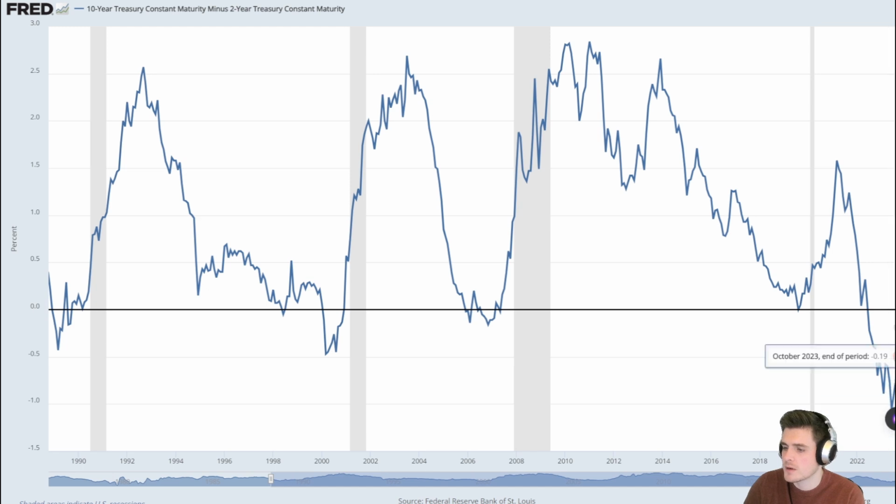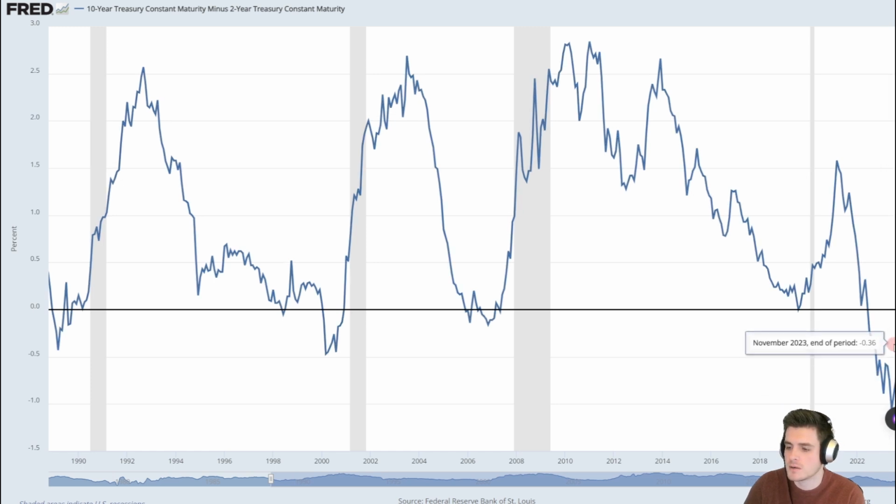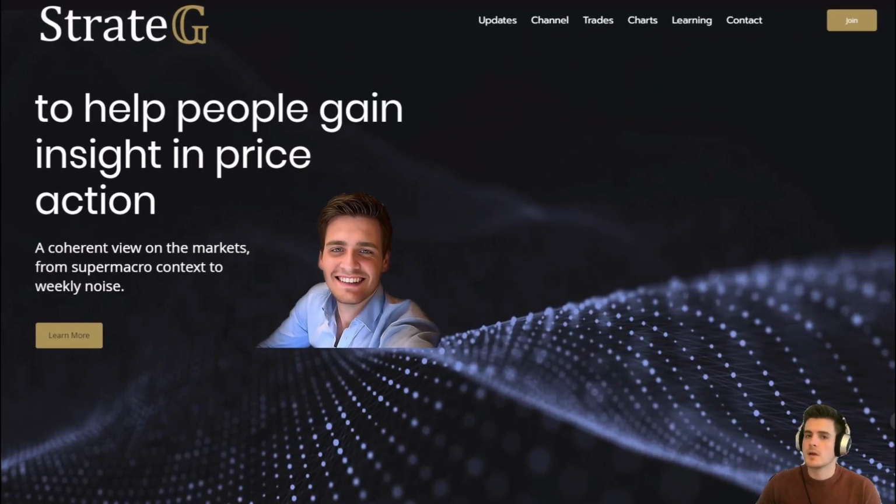So this is something I'm closely watching, because the recession would really be around the corner when this reverses back above zero.